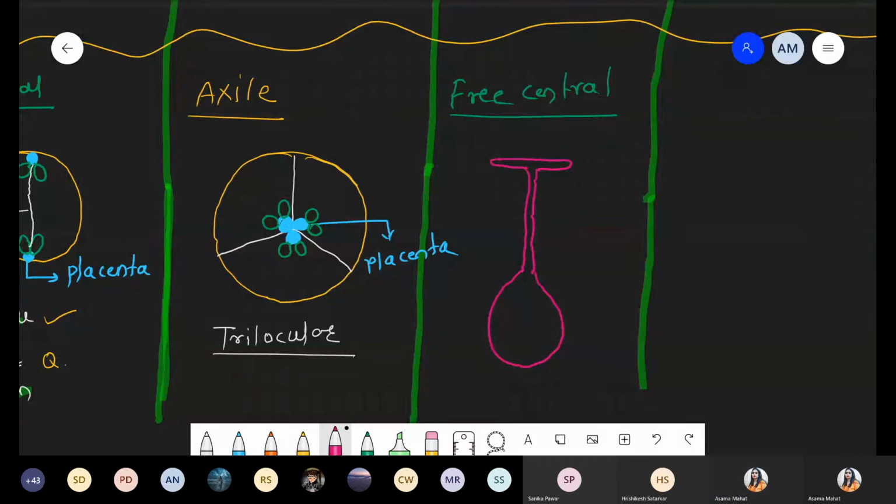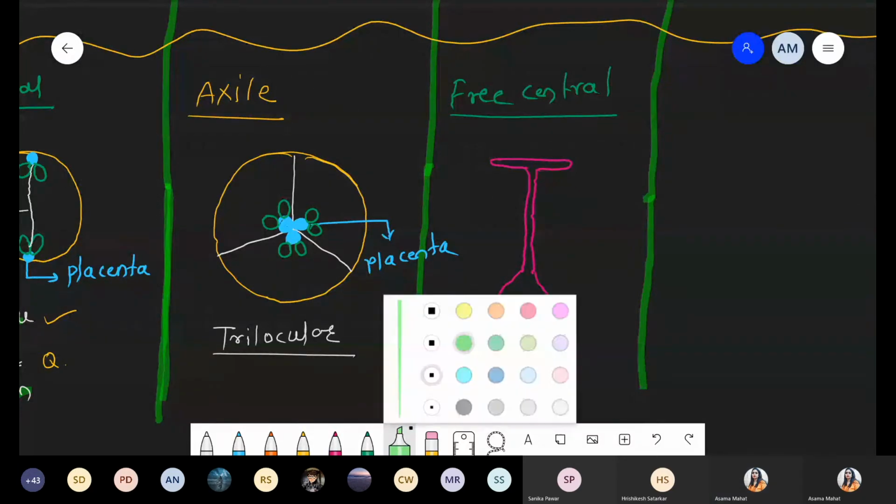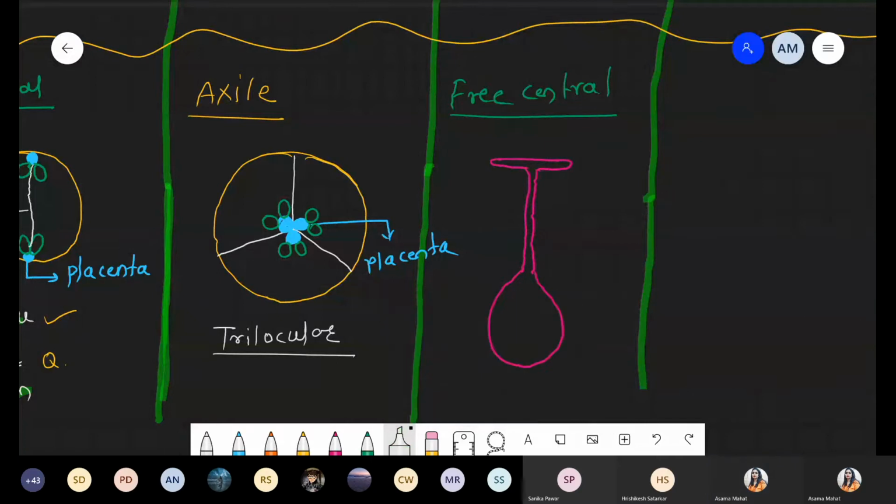Now I want something in a light color. We are talking about the center, this part. You can use shading, but you can use a pencil for the shading.